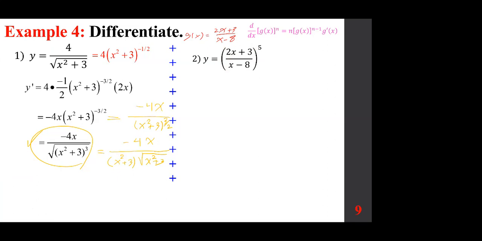So let's do this step by step again. Okay, so g of x is this. So n, that means 5 sits in front. G of x, that means this piece, to the power of n minus 1. So 5 sits in front, this one to the power of now 4. We need g prime of x times the last piece is g prime of x.